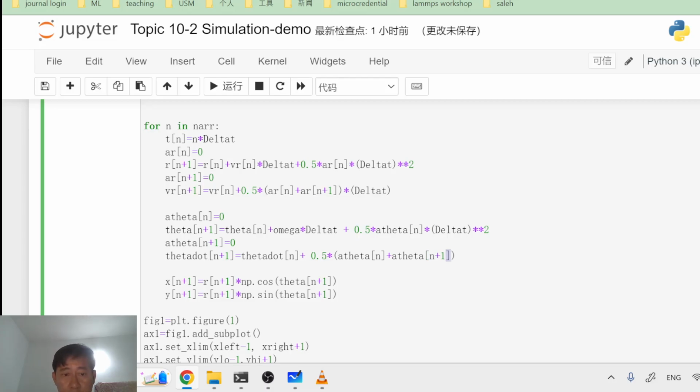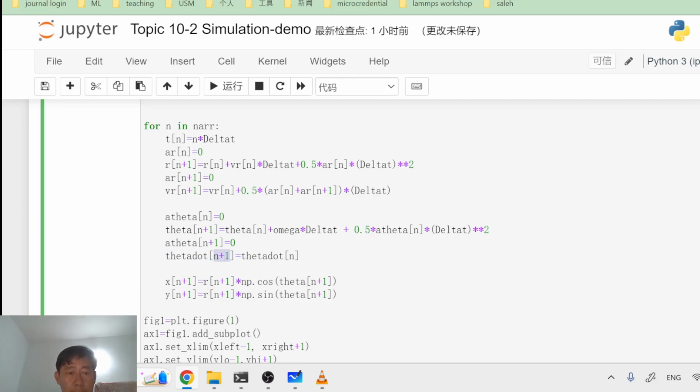But as I mentioned, the a theta, that is the acceleration along the tangential direction, is always 0. So this is 0, this is also 0. So you can actually omit this, and then this is the theta dot in the previous state, and this is the theta dot in the next state.